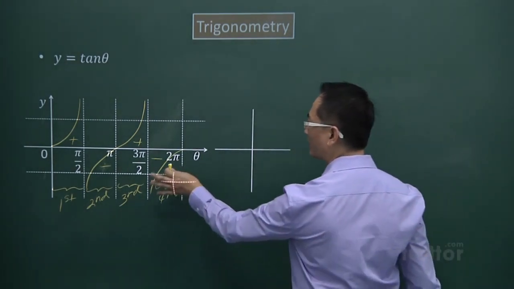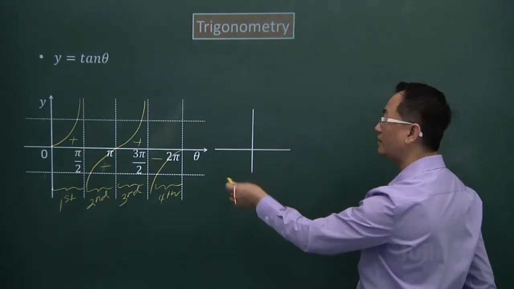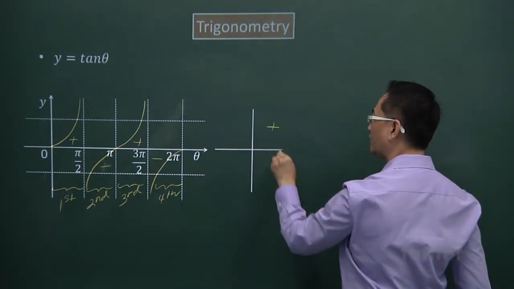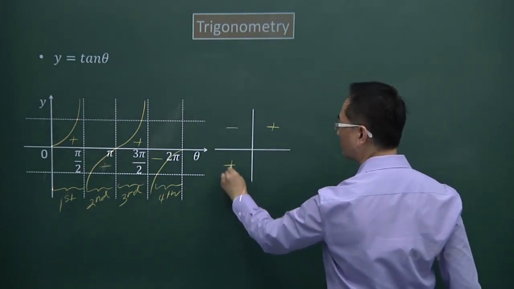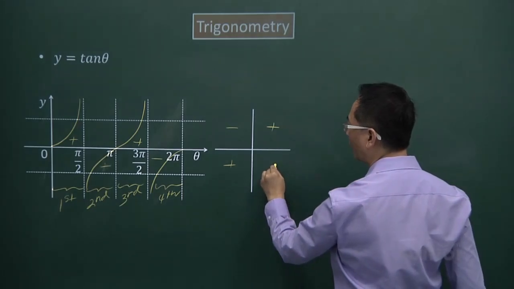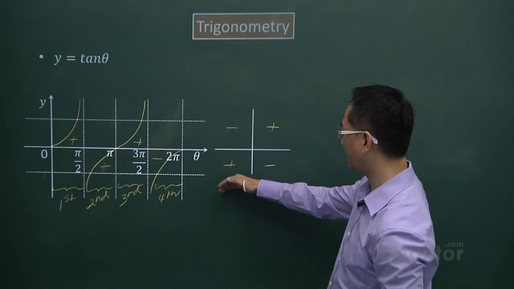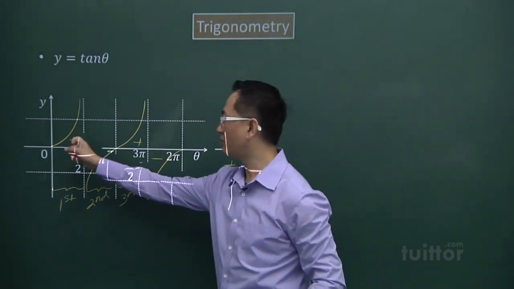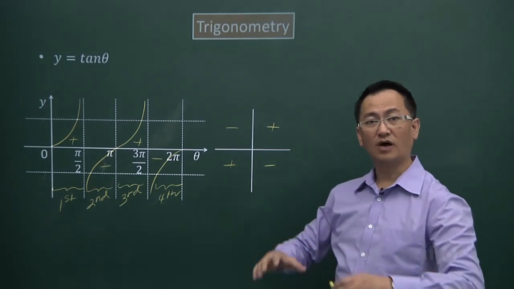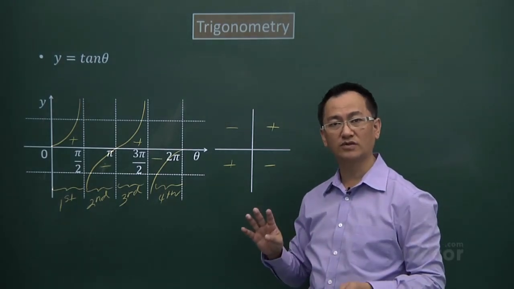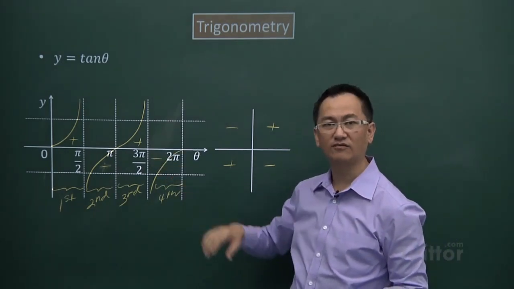You can see from here, relating back to the four quadrants, first quadrant, tangent positive, in the second quadrant, negative, third quadrant, positive, and in the fourth, negative. Positive, negative, positive, negative. So the whole idea of four quadrant angles is related back to the graph.